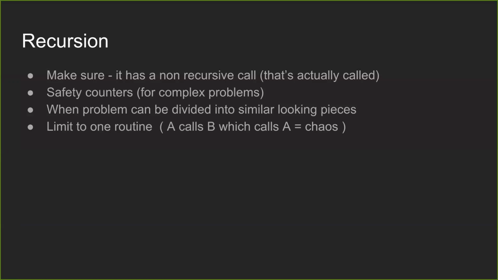Also, when you are doing recursion, limit it to one routine. If A calls B, which calls A, that's really hard to reason about. Even single routine recursion is sometimes hard to reason about.